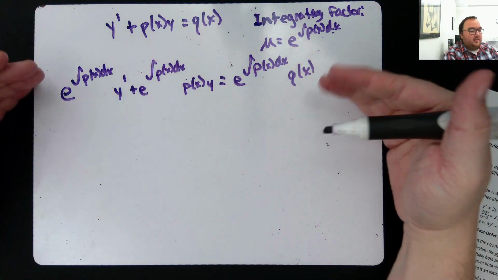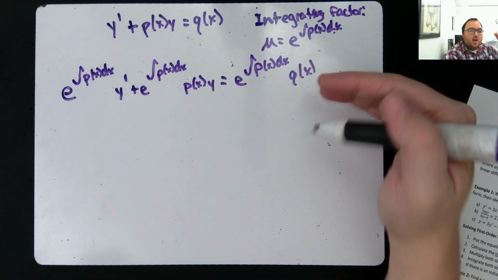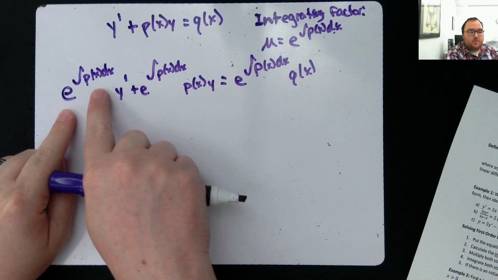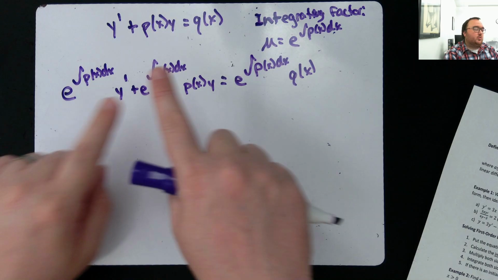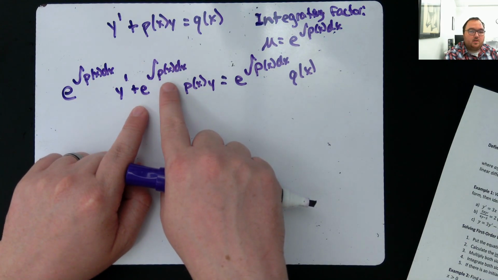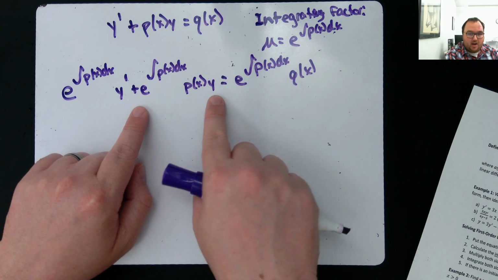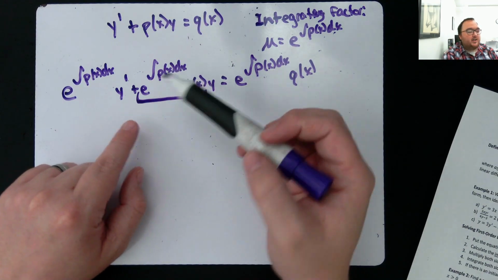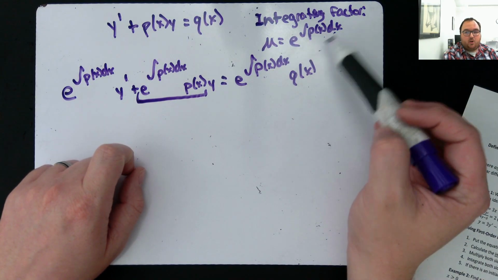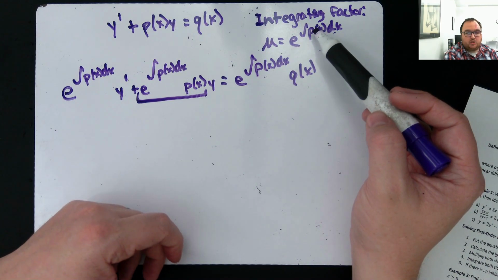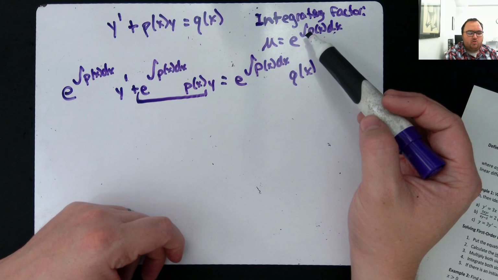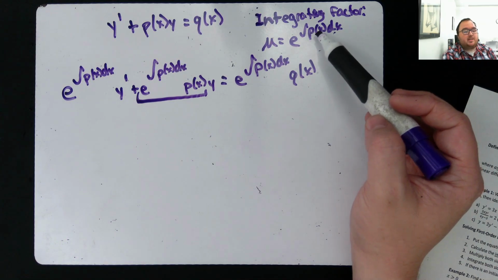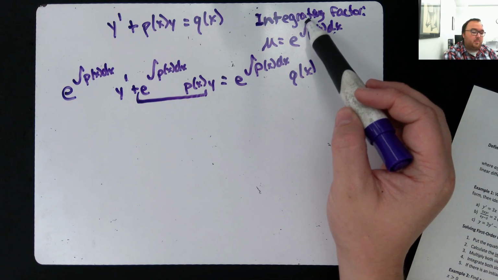Like I said, you probably think this looks worse. Why do I want this, right? Well, let's think about how this looks, okay? So over here I have e to all of this stuff times y prime, whereas with this term I have e raised to all of that stuff times p of x times just plain y. Let's look at this right here. If I took the derivative of this mu over here, we know e stays e, so it would just be e to that stuff, but then by the chain rule, I need to multiply that by the derivative of the top part up here.